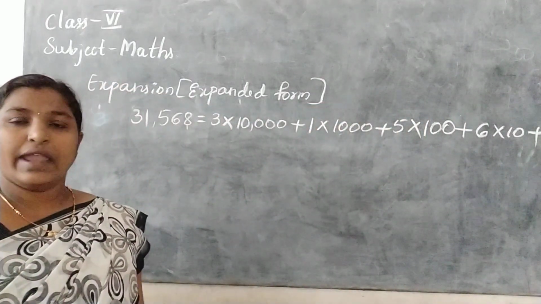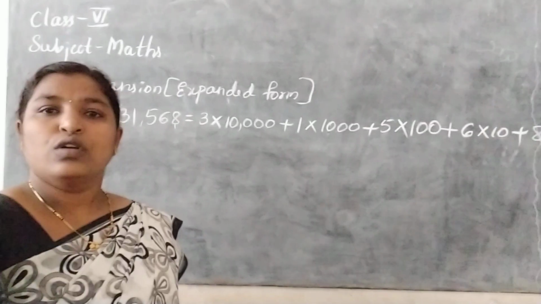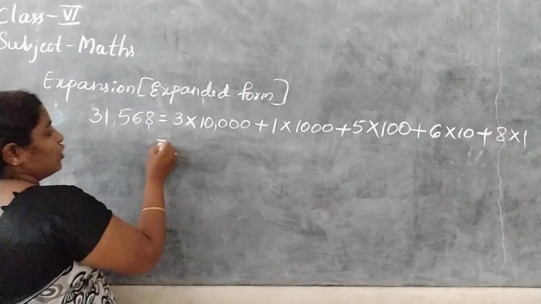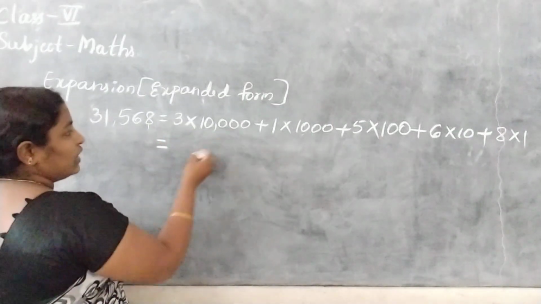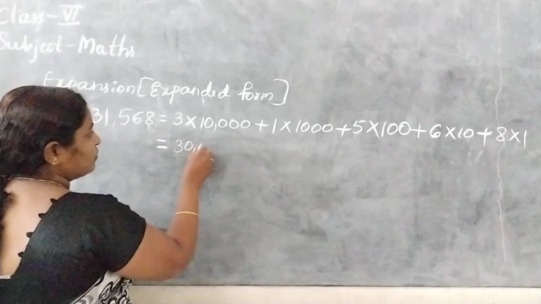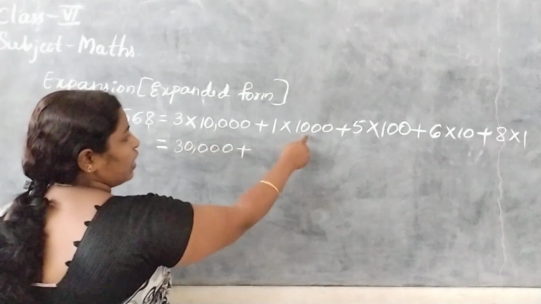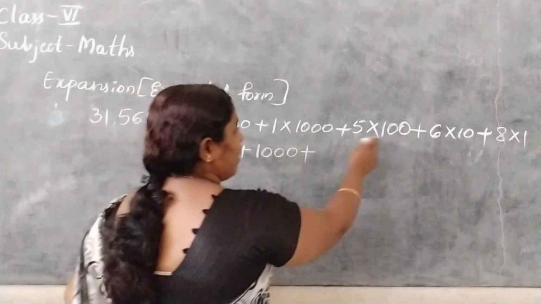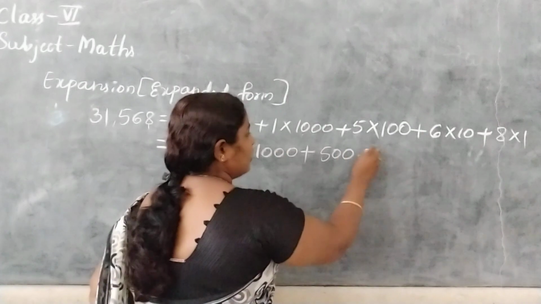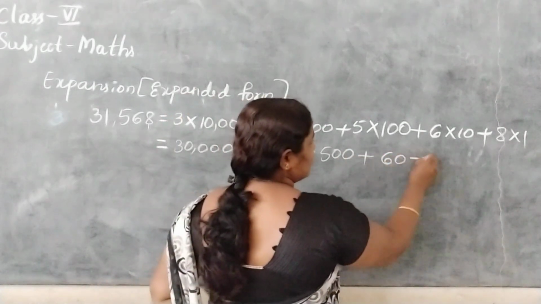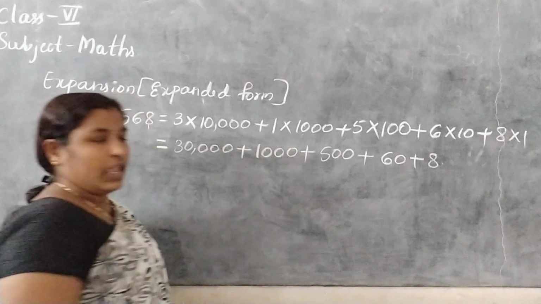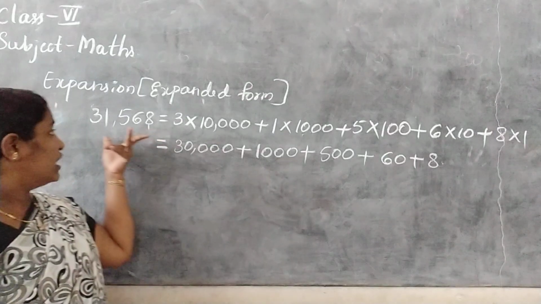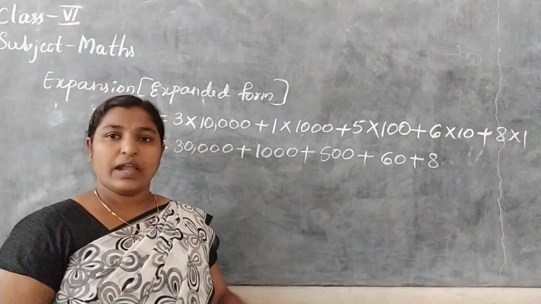Now we have to do simplification. So equal to 3 into 10,000, 30,000, plus 1 into 1,000, 1,000, plus 5 into 100, 500, plus 6 into 10, 60, plus 8 into 1, 8. So this is the expanded form. This is the given large number and this is the expanded form.